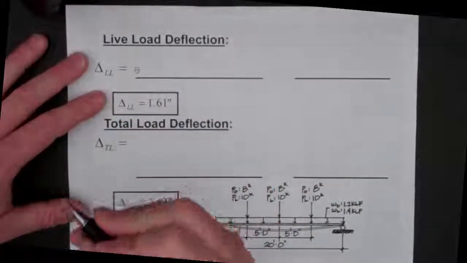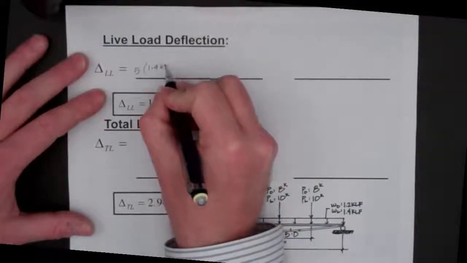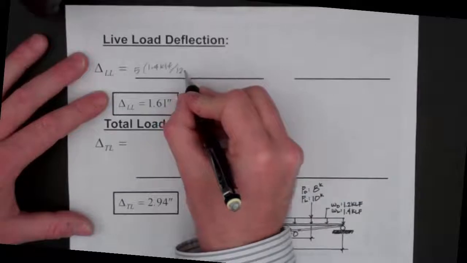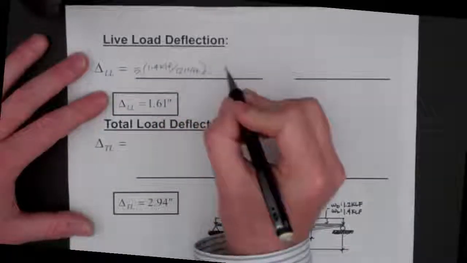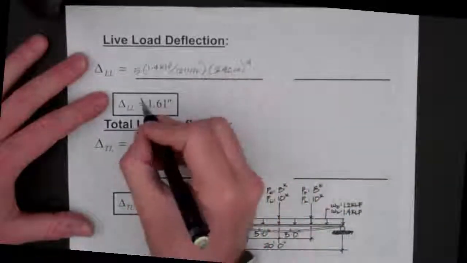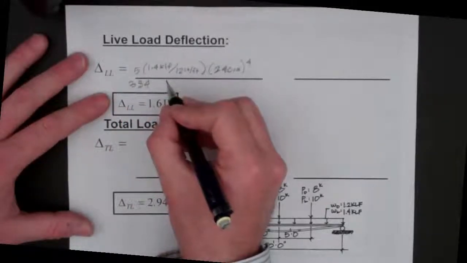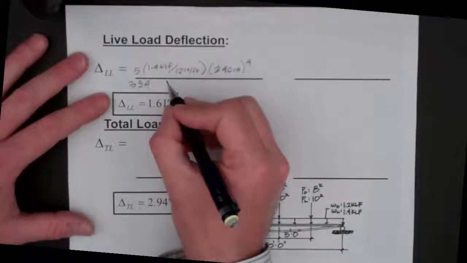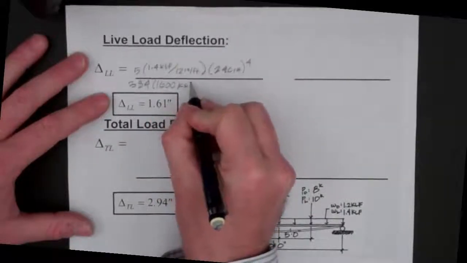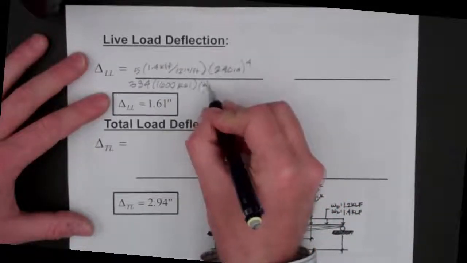So 5 times 1.4, and then we want to convert, so we're going to multiply that times 1 foot per 12 inches, so we're going to divide by 12 inches, and our length was 240 inches to the 4th divided by our 384 constant times our elastic modulus of the wood, which was given as 1600 KSI, and then we're going to multiply that by the moment of inertia, which was 4,634.3 inches to the 4th. That's the deflection equation for the distributed load.